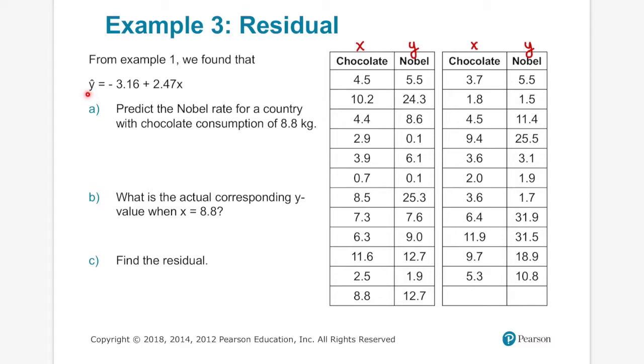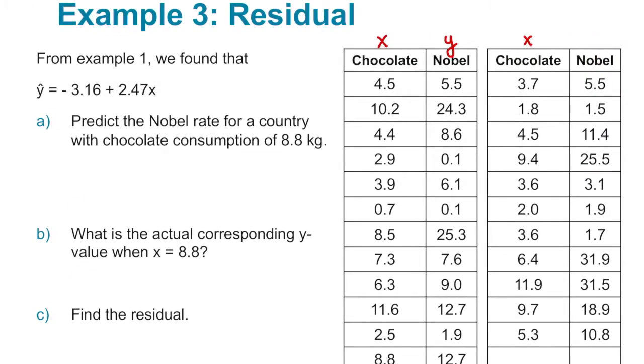This y hat is the predicted y value. A. Predict the Nobel rate for a country with chocolate consumption of 8.8 kilograms. So what I would do is take this 8.8 and substitute it in for x to find my predicted y value.